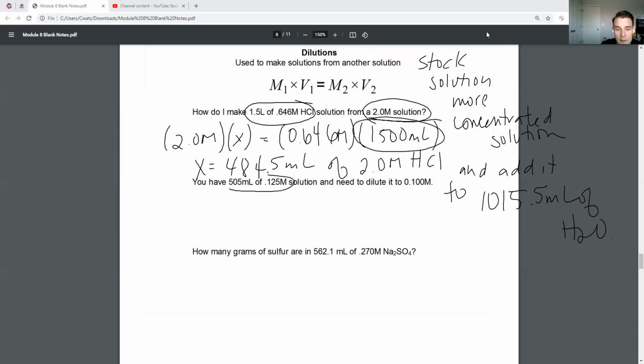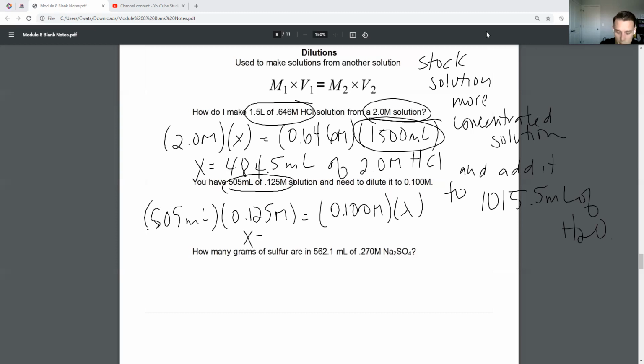You have 505 milliliters of a 0.125 molar solution. I would dilute it down to 0.1 molar. So keep these things together: 505 milliliters, 0.125 molar, 0.100 molar times X. Now, what does X represent? X, which is 631.25 milliliters, is the total solution amount.